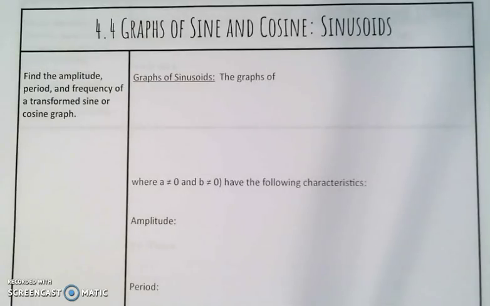Section 4.4 is the graphs of sine and cosine, which are called sinusoids. If you look at the shape of the graphs of sine and cosine, they make a wave pattern, and those graphs are called sinusoids.